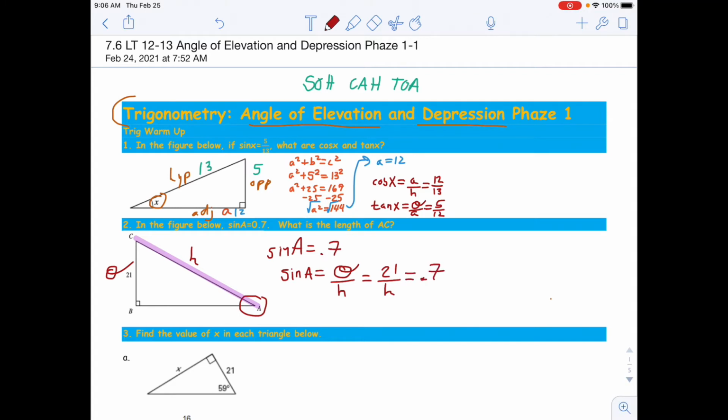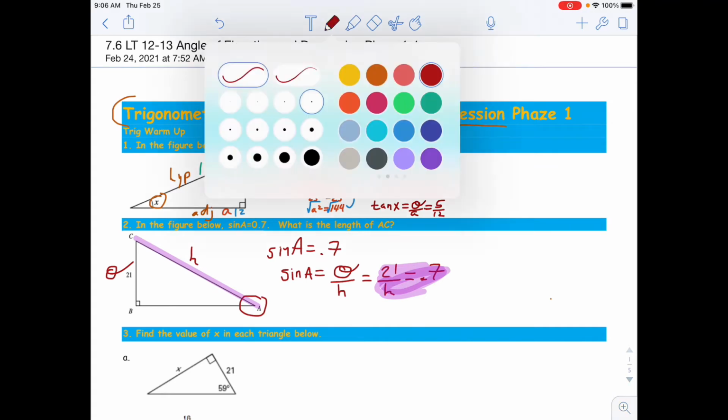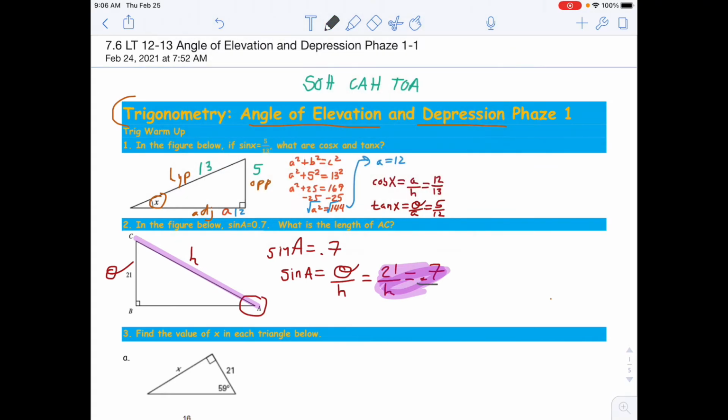So really, we just got to focus on this right here. 21 over h equals 0.7. Then we can find h, the hypotenuse, which in this case is AC. If I put 0.7 over 1, then cross multiply, I'm going to get 0.7h equals 21, and h is going to equal 30.